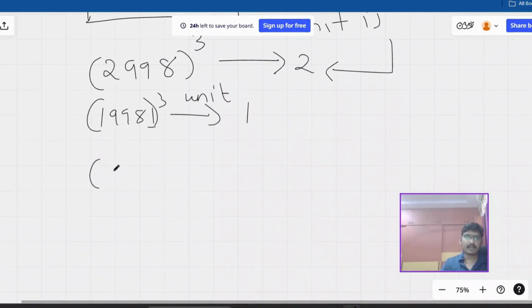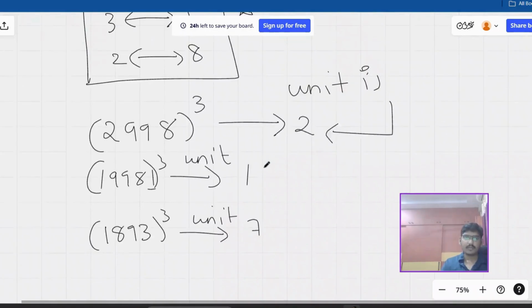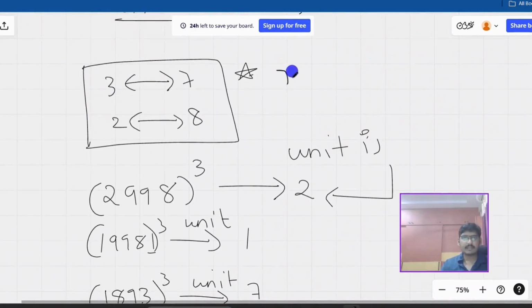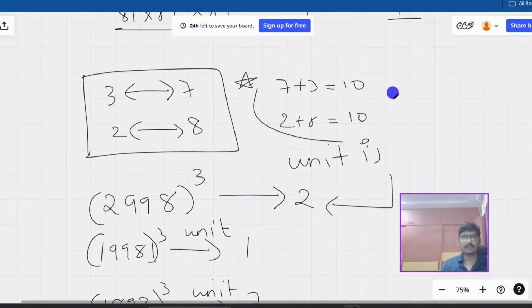If the examiner asks what is the unit digit of this number, the unit digit is 7. You can also see that 7 plus 3 becomes 10 and 2 plus 8 becomes 10. Except these combinations, all other combinations give the same result.